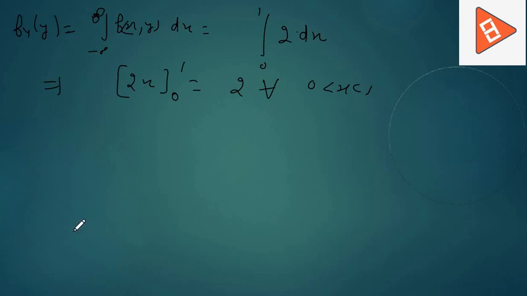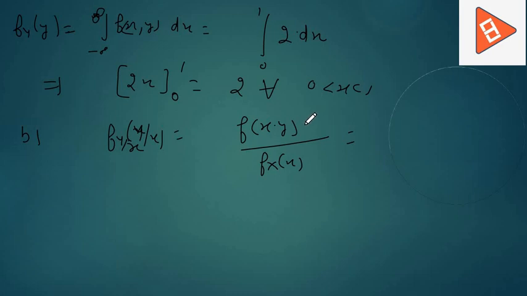In part B, we have to find the conditional density function f of y given x, that is equal to the joint density function divided by the marginal density function of x.